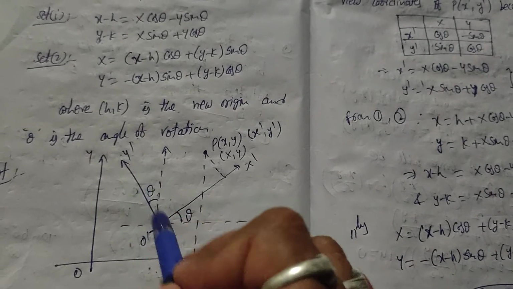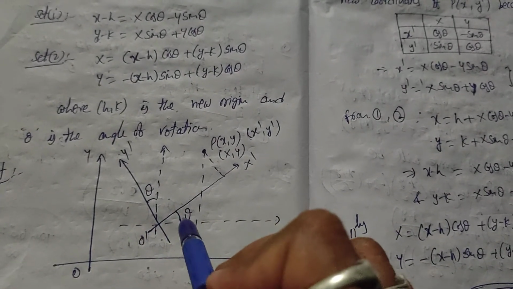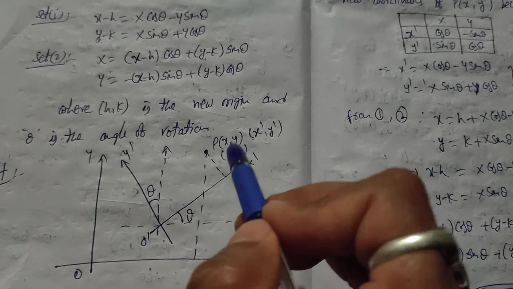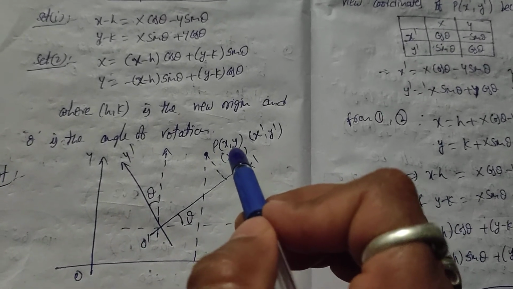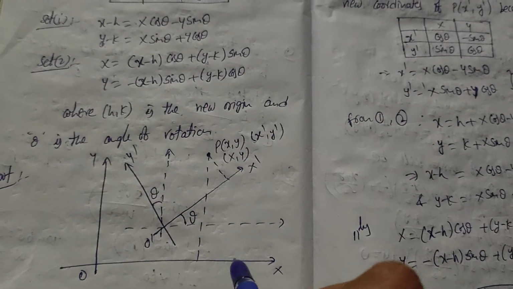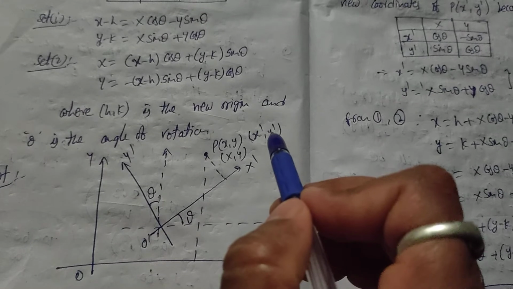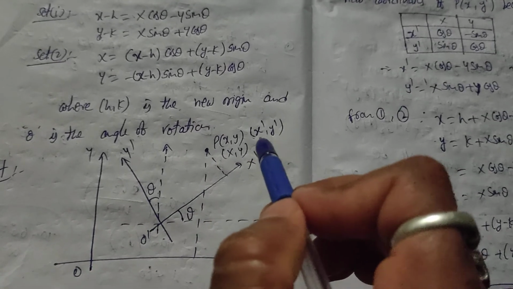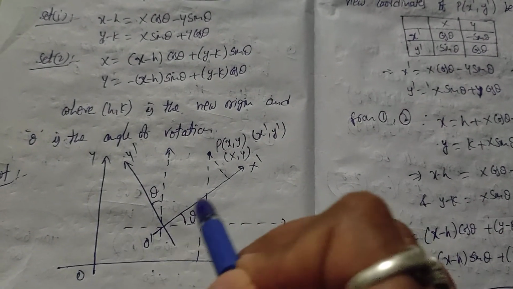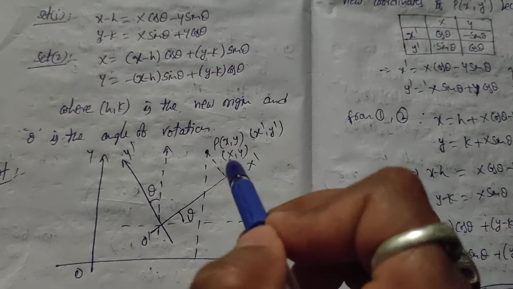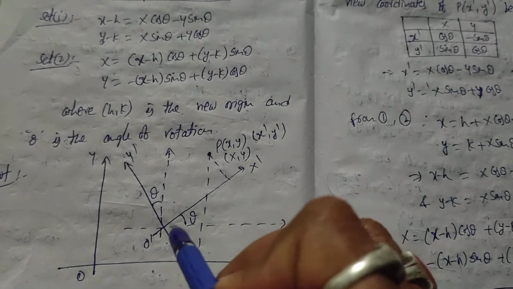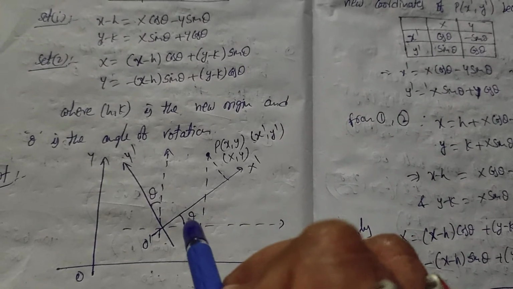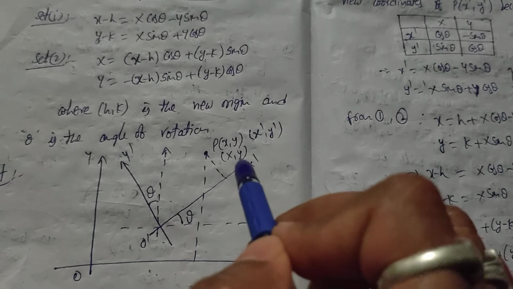When this axis is rotated by theta in anti-clockwise direction, then x dash comma y dash becomes capital X comma Y. So here the same point P has small x comma y as the original coordinates, x dash comma y dash as the coordinates when origin is shifted to O dash, and capital X comma Y are the coordinates of P after rotating the axes by the angle theta.